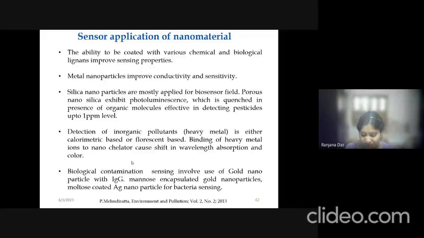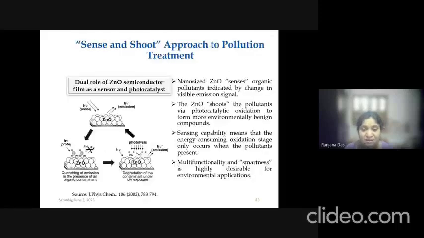And using this sensing property, a new term has been introduced, that is sense and shoot. Sense and then shoot. Here, with the silver or the silica material, they change the color, the luminescence changes, and in this way they indicate that yes, something is there.